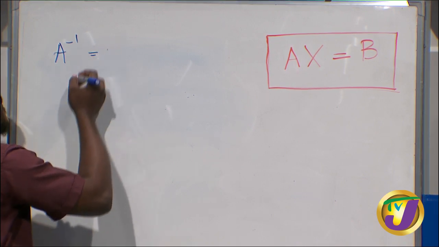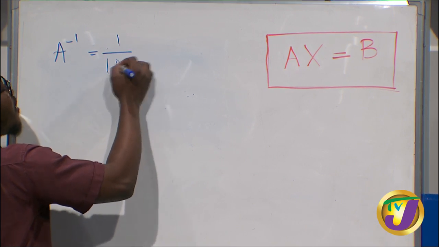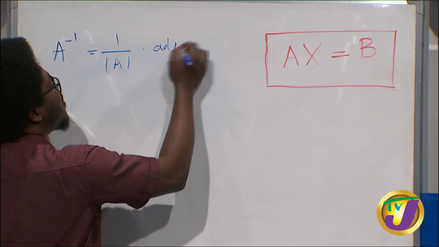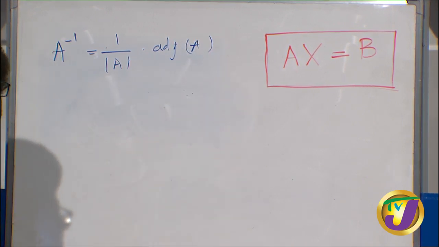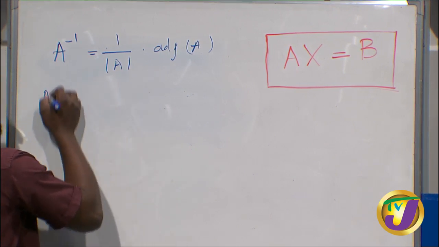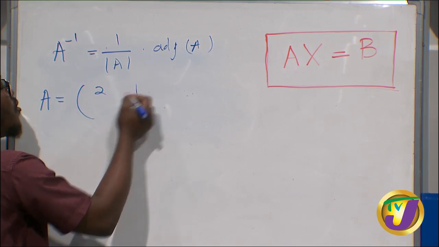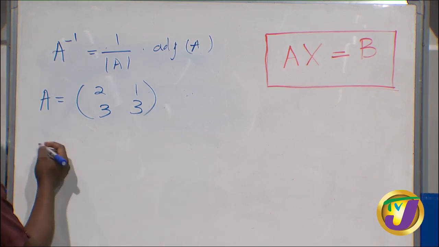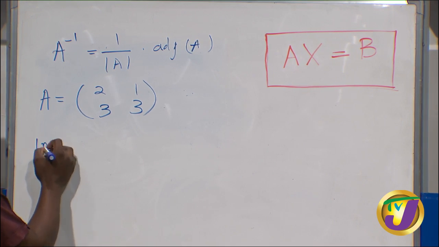And it is given by the reciprocal of the determinant of A multiplied by the adjoint of the matrix A. Okay, now in our case, remember that the matrix of coefficients A was given by 2, 1, 3, and 3. Which means if we are to evaluate this, we'll have to determine our determinant first.